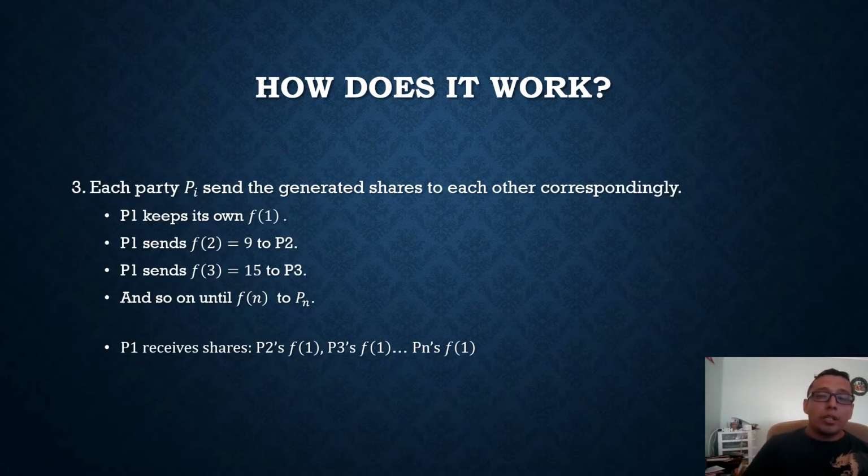Now each party sends a generated share to the others correspondingly. That way, party 1 will keep one of its shares and will send the other 4 shares to the corresponding parties. As well, the other party will send party 1 its shares.